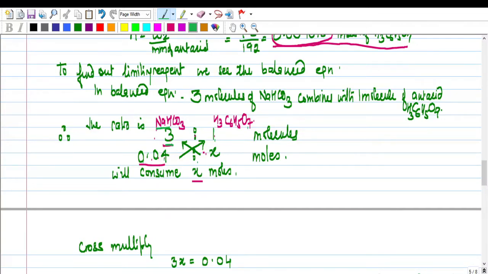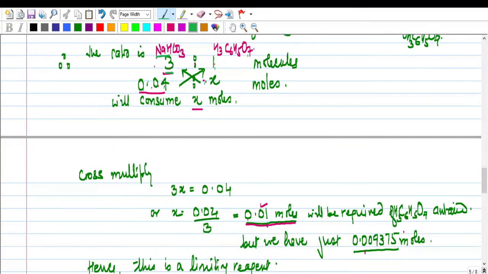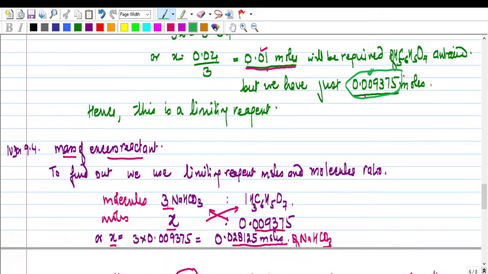So if we cross multiply, you'll get 3x is equal to 0.04, or x will be equal to 0.04 divided by 3. It will be 0.01 moles. So if we take entire sodium bicarbonate, you will need 0.01 moles of acid. But we have just 0.009375. So we can say this is less, hence this is the limiting reagent. So antacid is the limiting reagent.